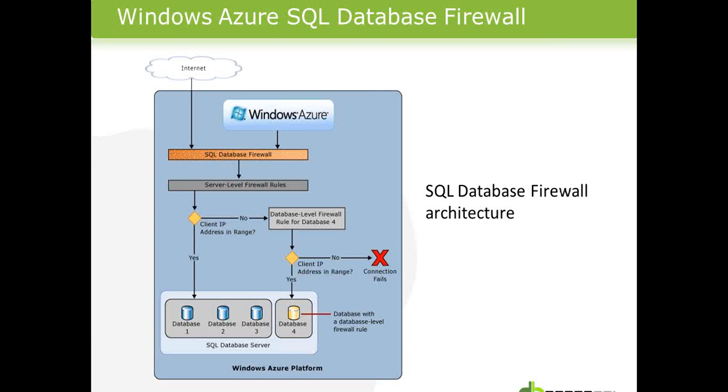If there is a server level firewall rule and the IP address is in range, and there is no database level rule, then you are fine and you can access any database. If there is a database level rule, then the originating IP address is matched against the rule, and if everything is fine, then you're granted access to that database.